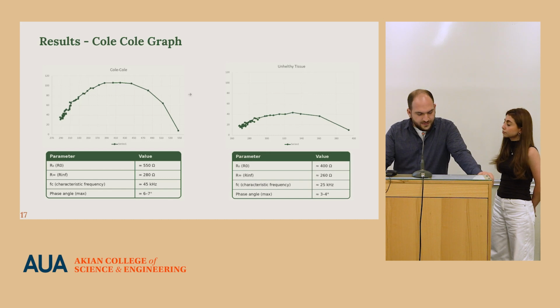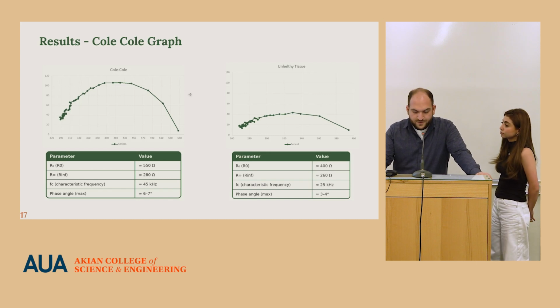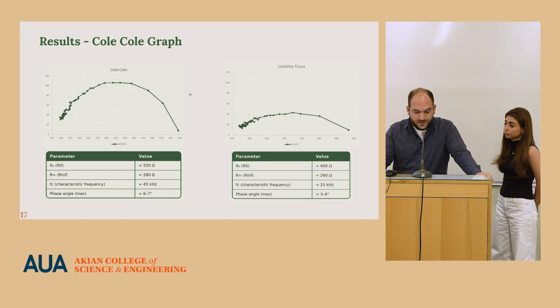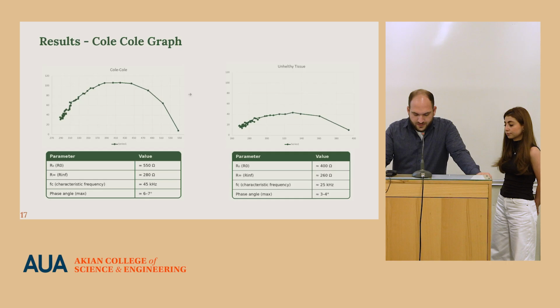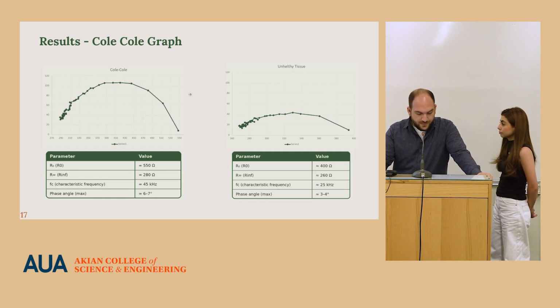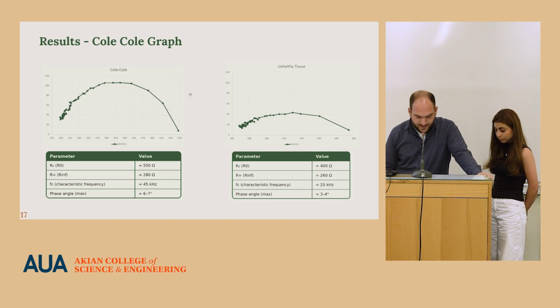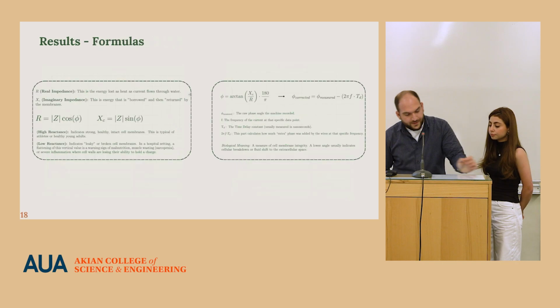Here you can clearly see the difference of the phase angle and also the characteristic frequency. It is much lower than the healthy tissue. Also, you can see the difference in the R0 and R infinity parameters. They are much lower than the healthier one.